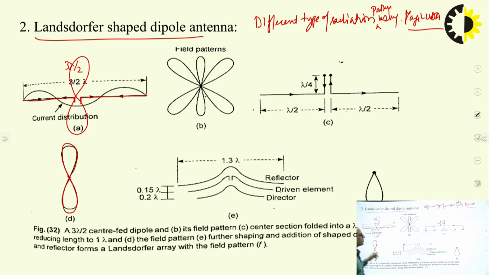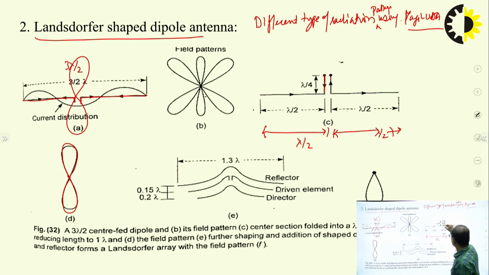Clear? Now next modification, if I change the length of this dipole antenna, like this is a lambda by 2 antenna, and this is also a lambda by 2 antenna, and these are the another wire, as it is a folded dipole antenna, the length of this will be equal to lambda by 4. Clear?